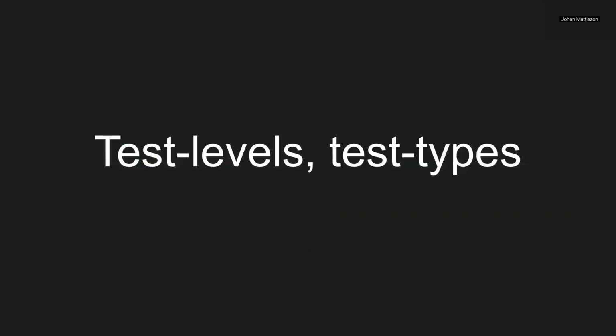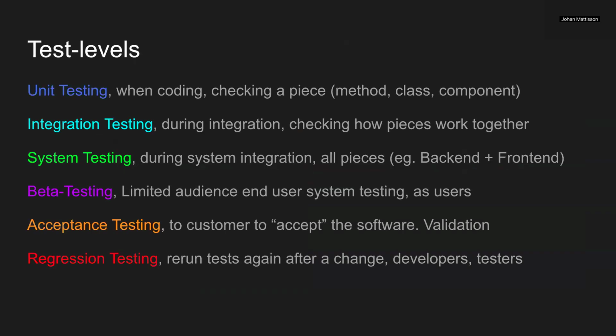Okay, final part: test levels and test types. I have talked about a few of these already, but it goes from lower to higher. So unit testing is code-level, right?